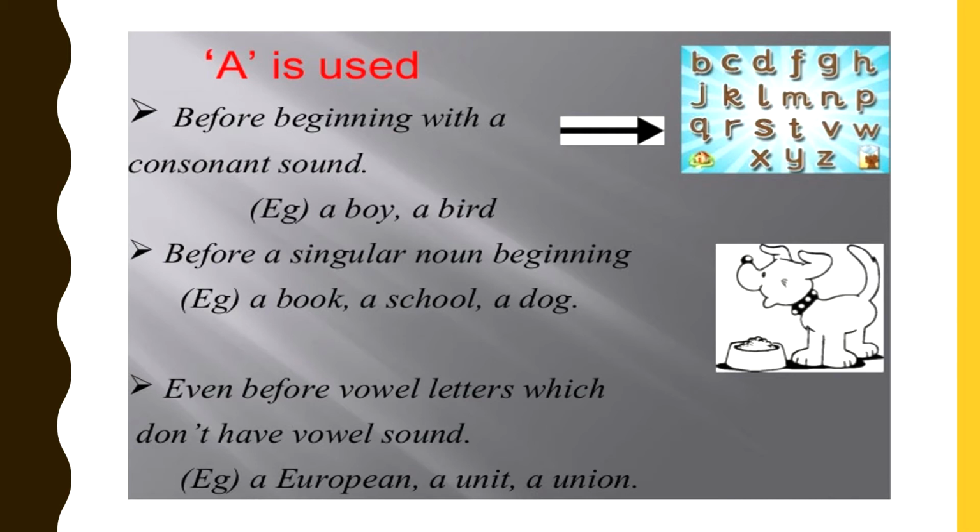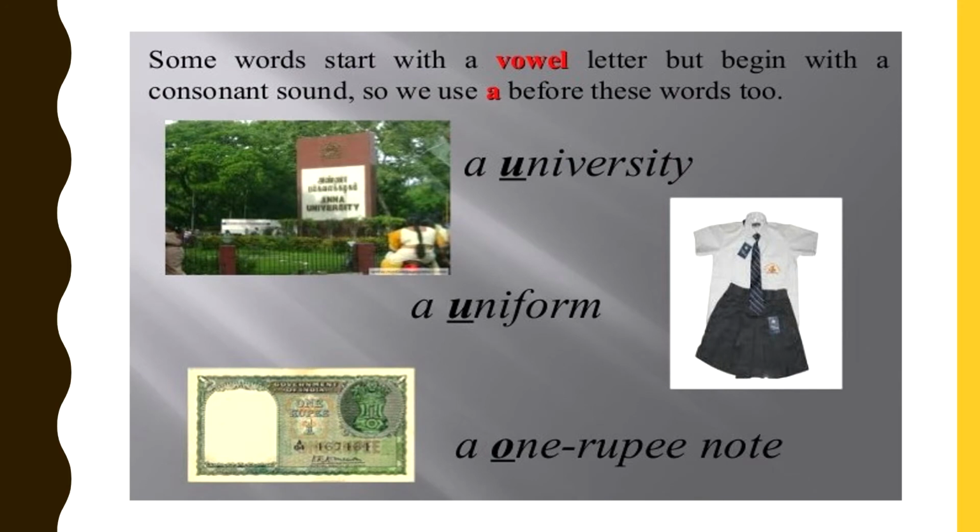Let us understand more usage of this article. Some words start with a vowel letter but begin with a consonant sound. I have just shared examples: European, unit, union. They all start with a vowel letter, but have a consonant U sound, and that is why we are using article a here.